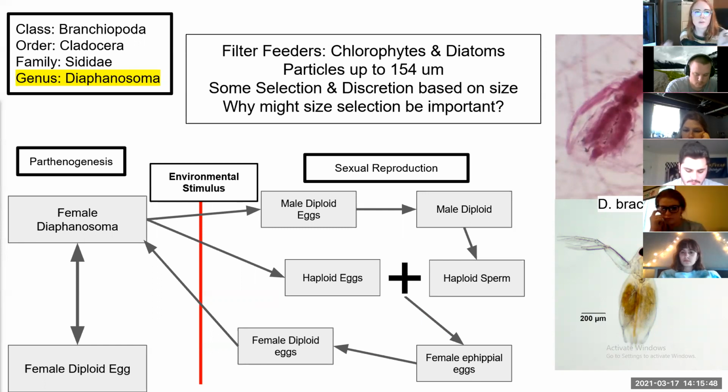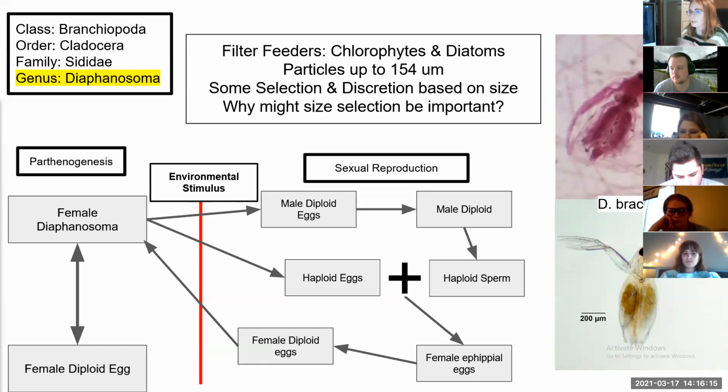Okay, so we have parthenogenesis and then sexual reproduction. So parthenogenesis is actually the main form of reproduction for this species, which basically means that female Diphanosoma produce a female diploid egg, and that's it. So it's a one kind of loop cycle there. But then you can have these environmental stimuli where it makes the choice to do sexual reproduction instead.